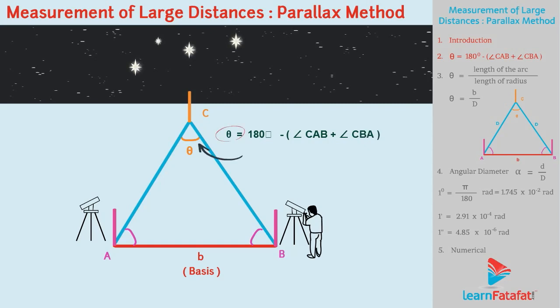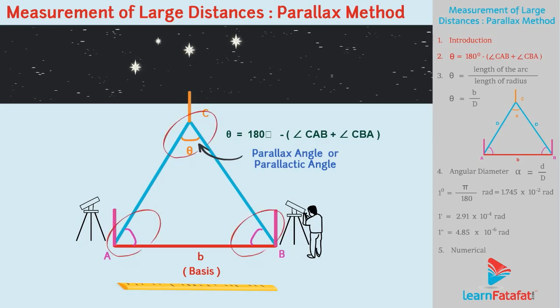The angle theta is called the parallax angle or parallactic angle. Now, as Pankaj knows all three angles of the triangle and the length of base AB, he can easily find the distance of the pole by using trigonometric formulae.